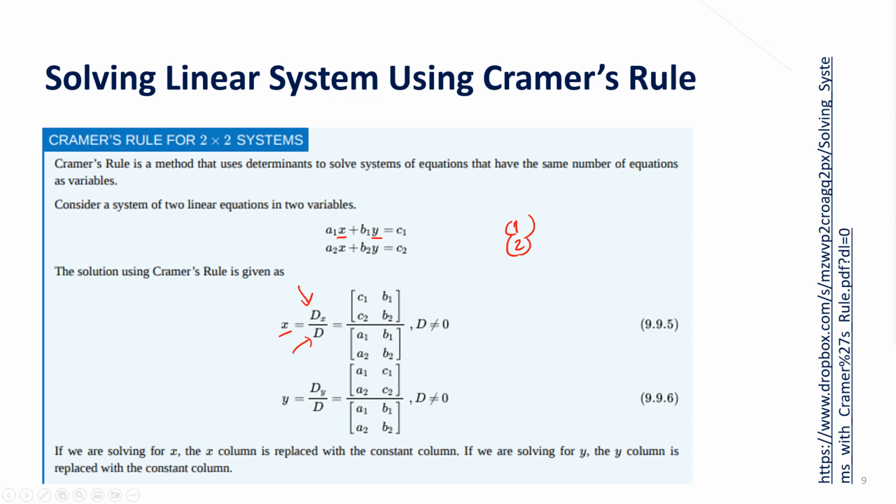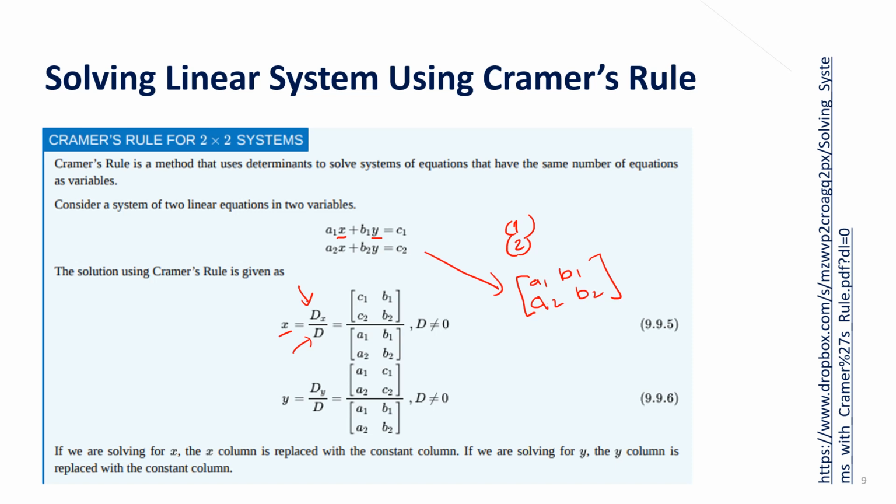Okay, to make it clear, you need to first convert this into a matrix system. For example, here, this equation, if you convert it into a matrix system, you will have something like this. A1, B1, A2, and B2.